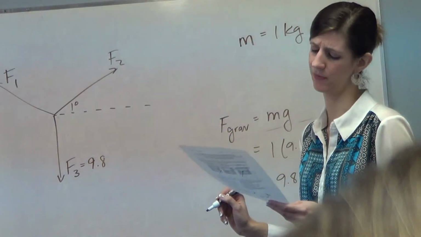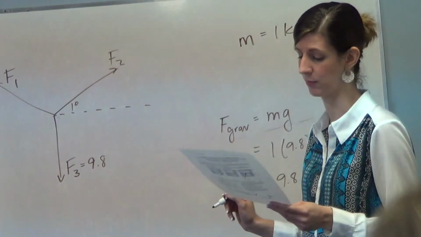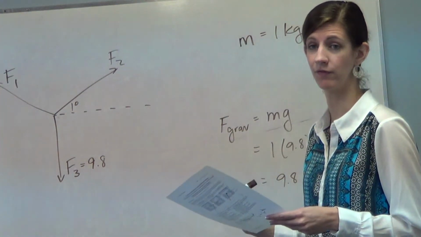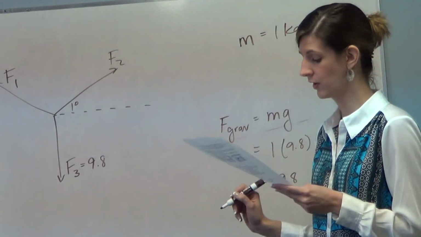Whatever I was looking at must use 10 for the force of gravity, so if your numbers are slightly different, that could be why. Because they use 10 as the force of gravity instead of 9.8.